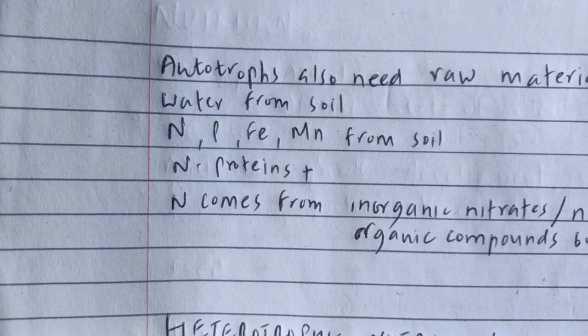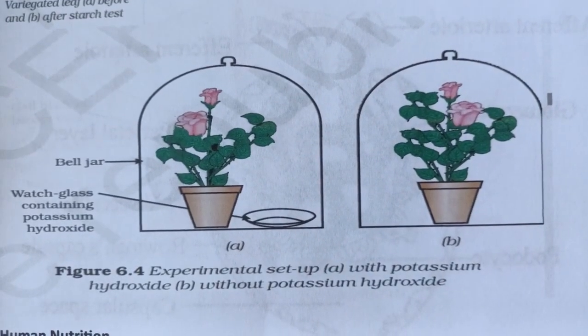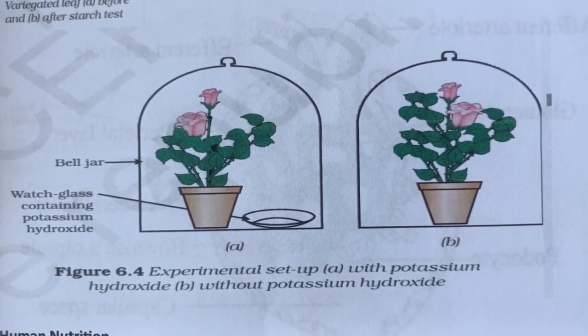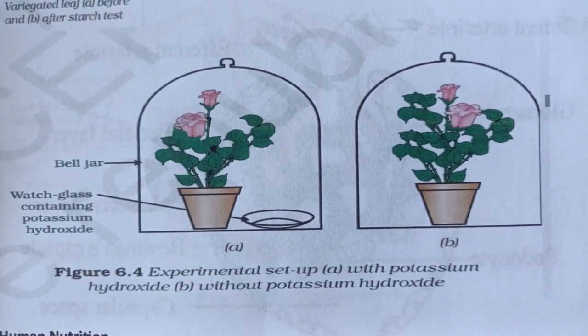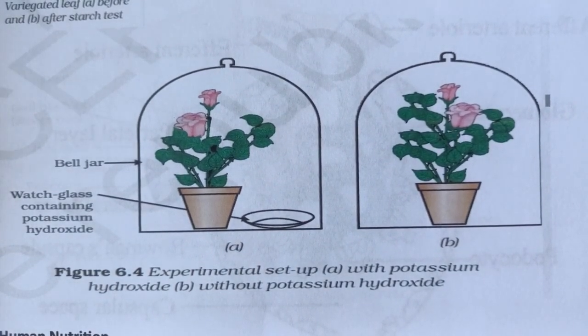So next, your book talks about an activity for you, and this activity is important. I'll take you through this activity. So they ask you to take two healthy potted plants of the same size, keep them in a dark room for 3 days, so there will be no photosynthesis during this period.